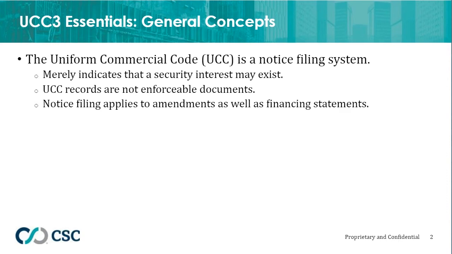You can't sue to enforce a financing statement. That's not what they're for. You can sue to enforce the underlying documents, but all a UCC financing statement does is provide notice that a security interest may exist. That same notice filing principle applies to amendments as well as to financing statements. So all amendments are really nothing more than notices either.